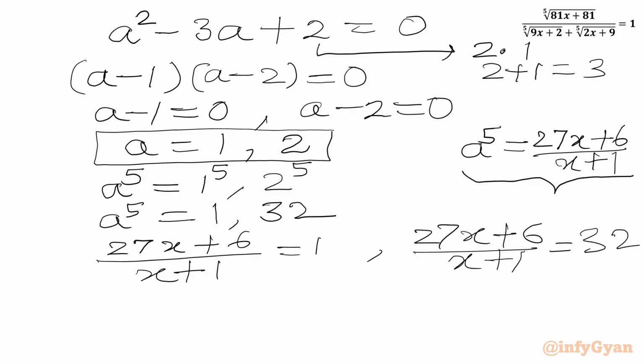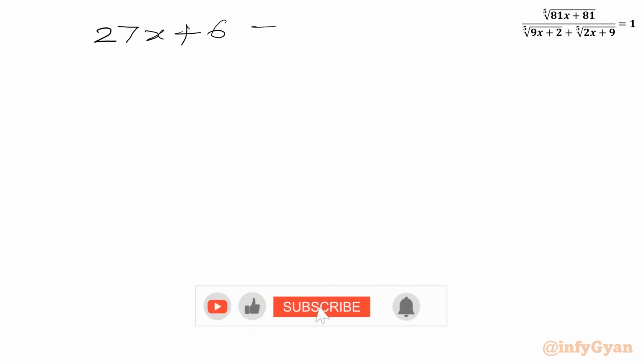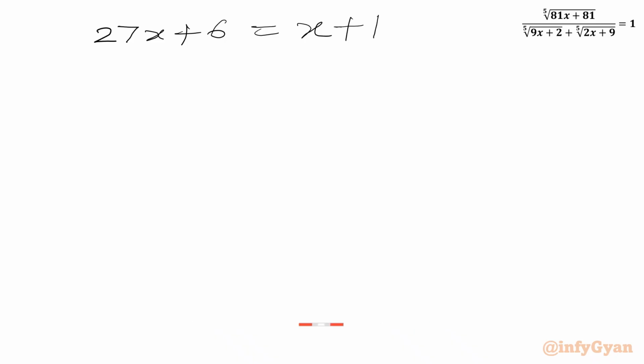Now we will cross multiply. So I will write the equation here: 27x plus 6 equal to 1 times x plus 1. So we can write x plus 1. Now we will take x to the LHS and 6 to the RHS.